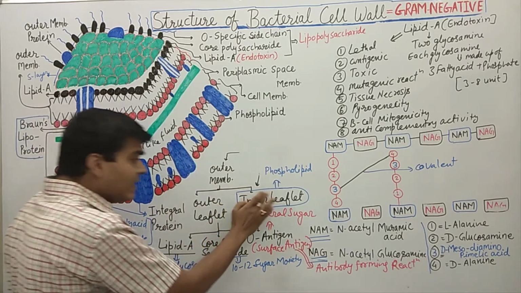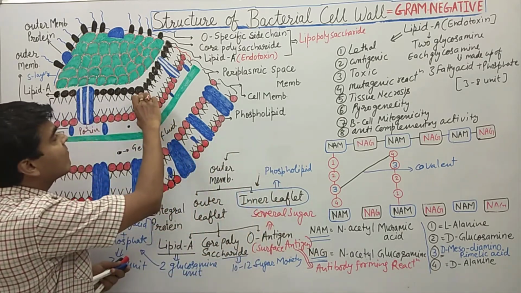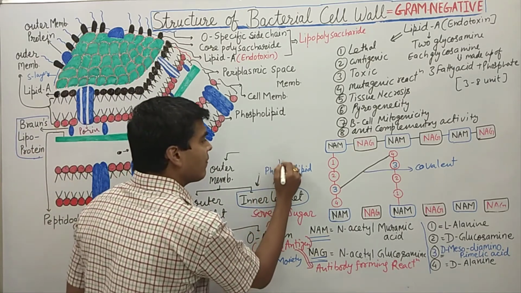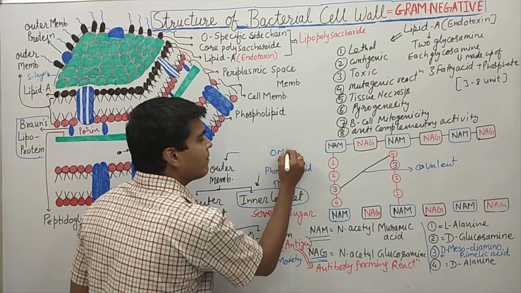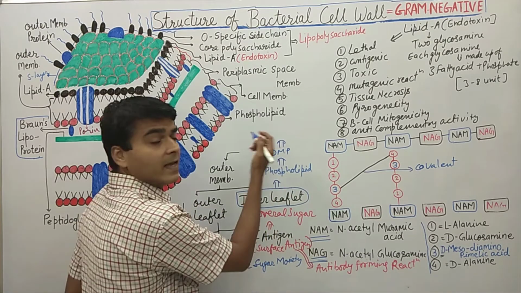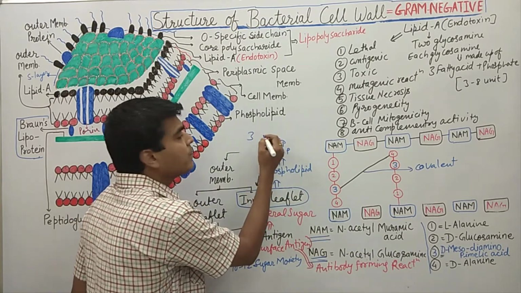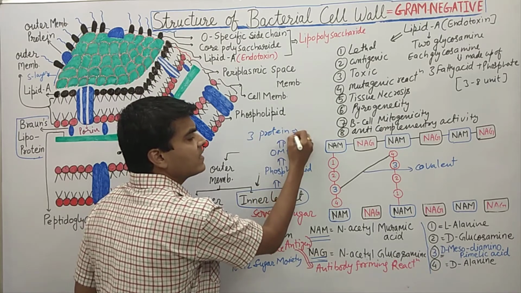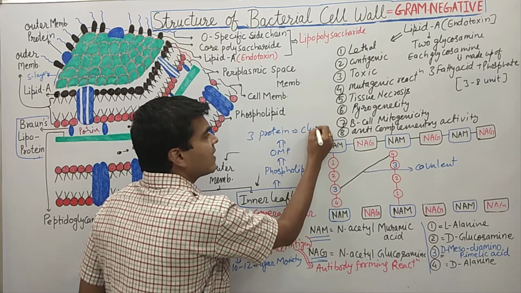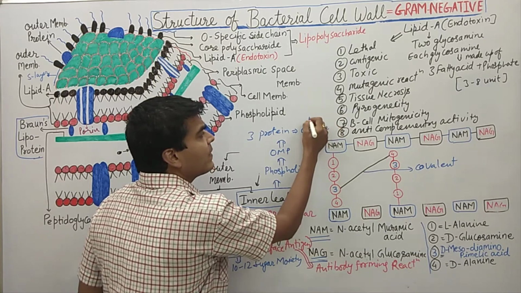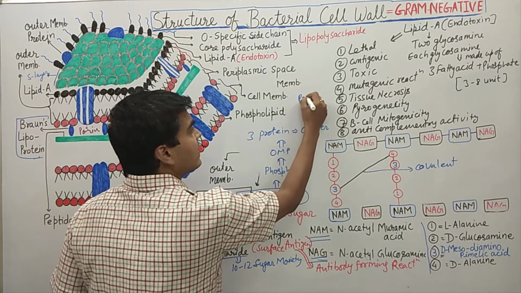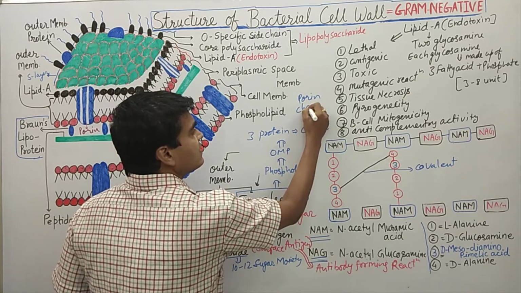In the inner leaflet, in this area, what do we find? We find outer membrane proteins. If 3 outer membrane proteins make a cluster, then they make a Porin channel.